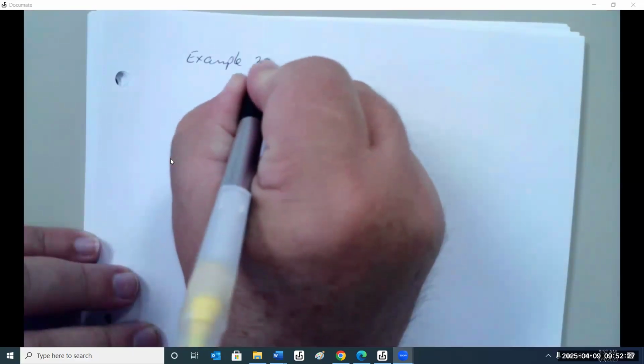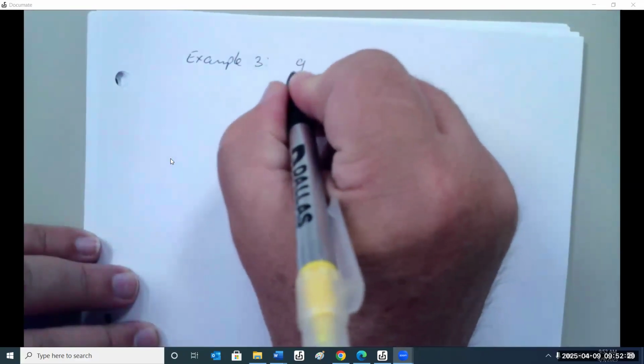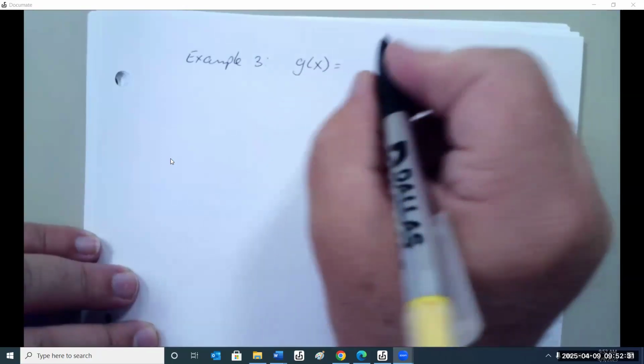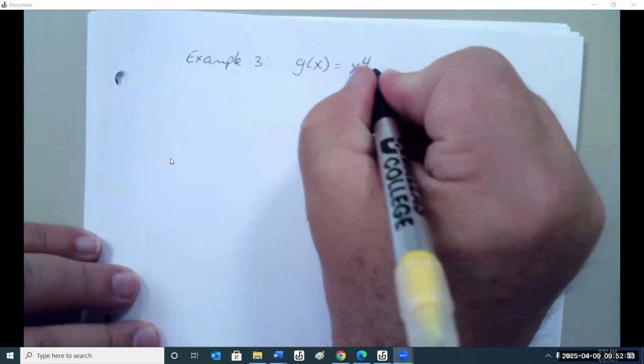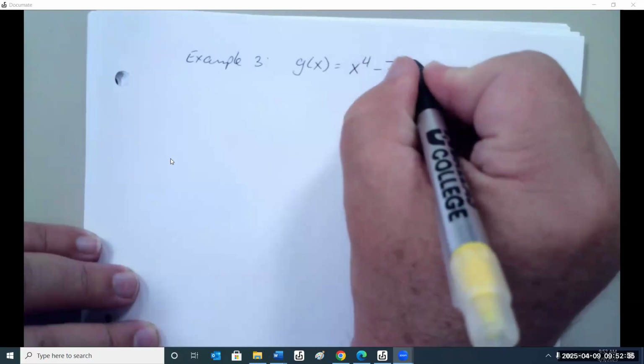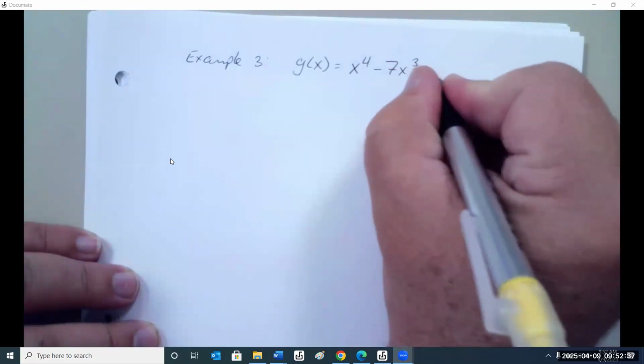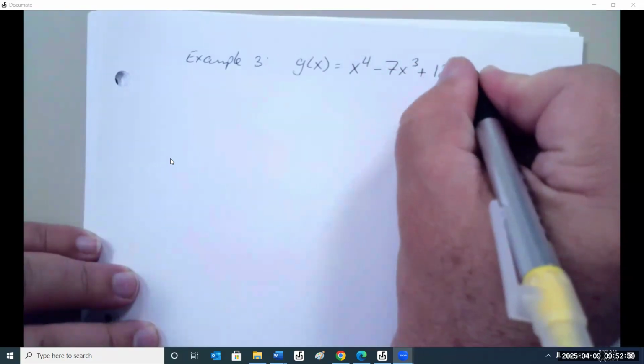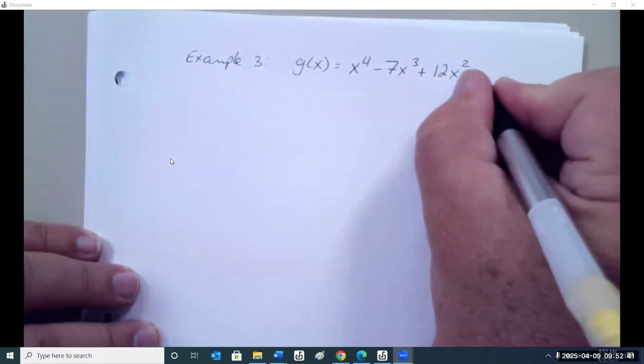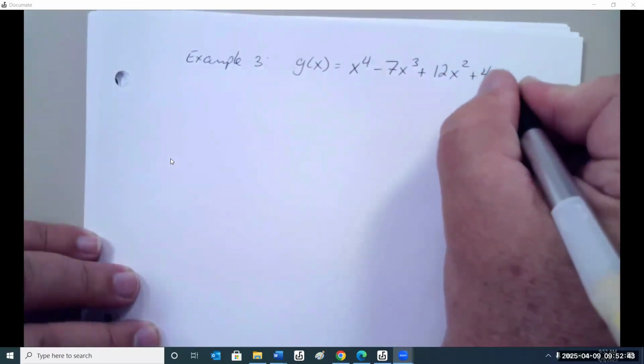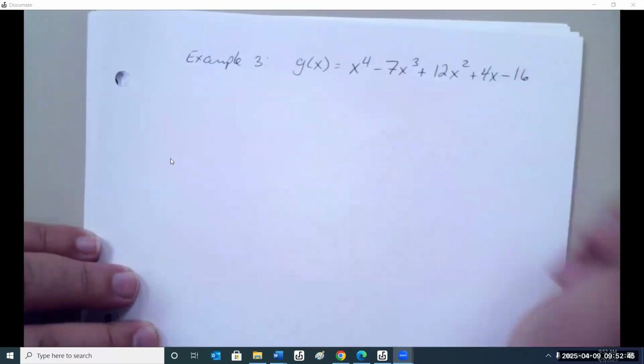Example 3. G of x equals x to the fourth minus 7x cubed plus 12x squared plus 4x minus 16.